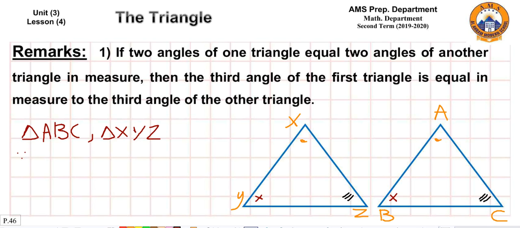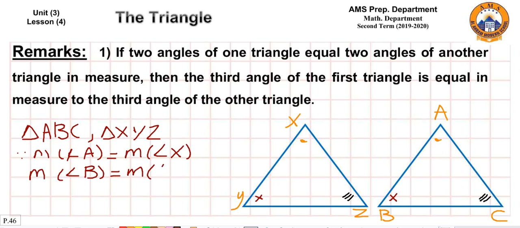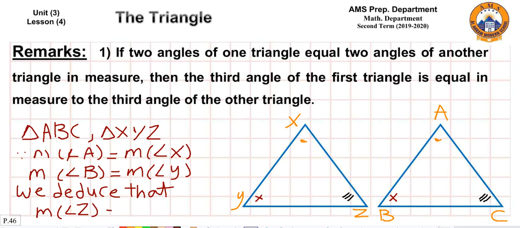Okay, since measure of angle A equals measure of angle X and measure of angle B equals the measure of angle Y, so we deduce that the measure of angle Z equals the measure of angle C. Is it clear? Yes. Remark number 2.